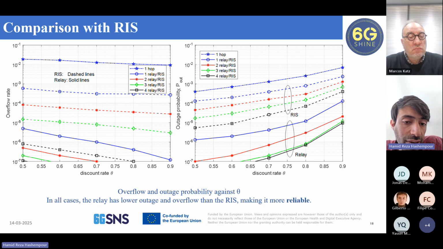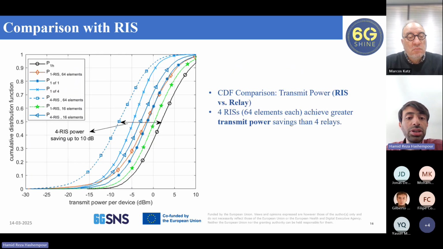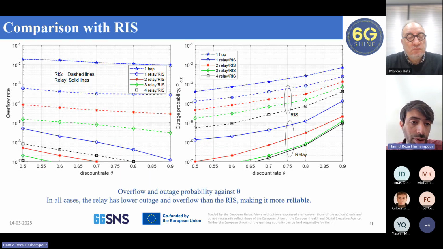Generally, we can say that by leveraging the relay approach, we can reach better reliability for transmission in this case. But as you saw in the previous slide, in terms of transmit power, we can have better transmit power in the RIS scenario.